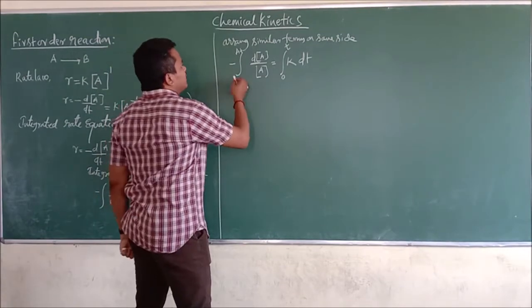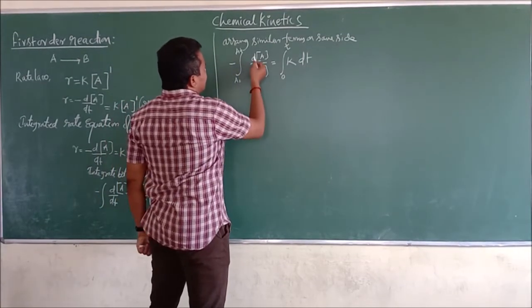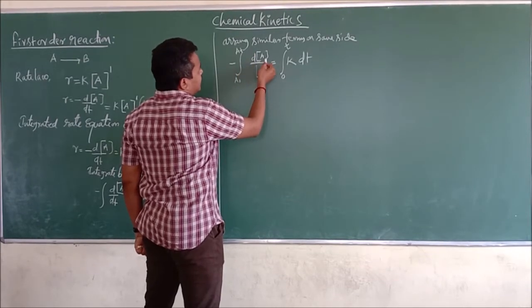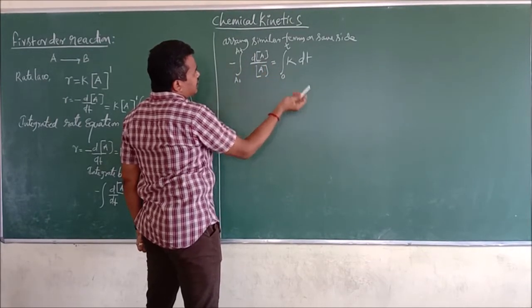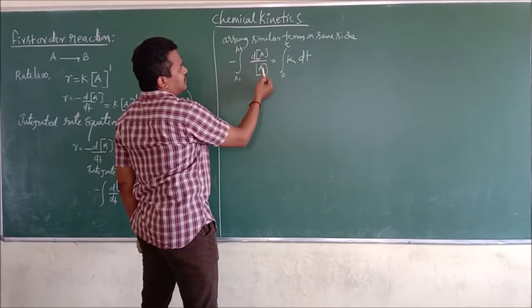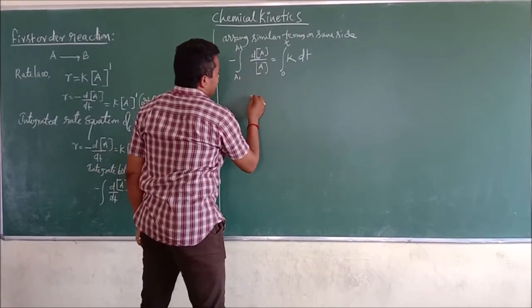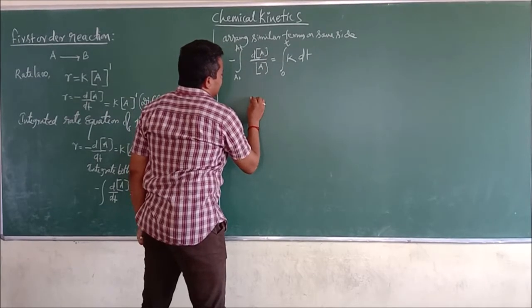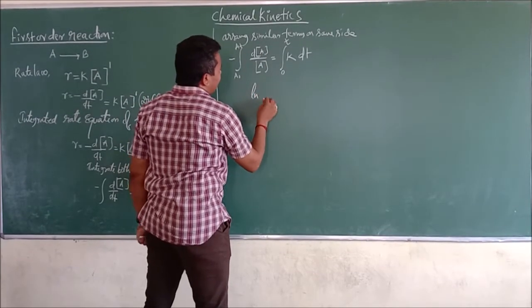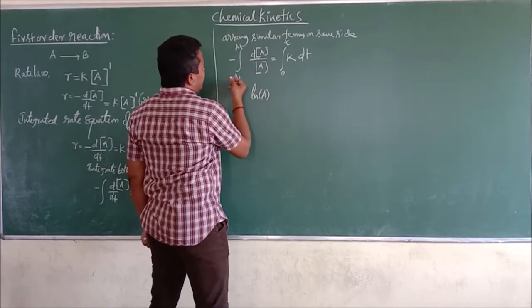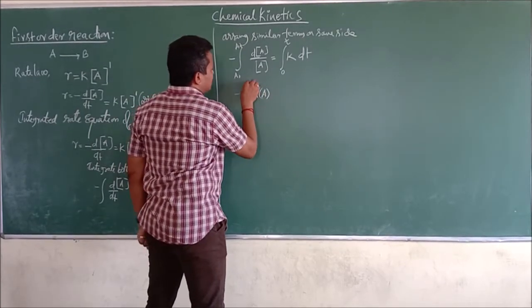Now, this minus I will send that side. According to integration formulas, the integration of dA by A is log of A. Minus you can keep this side, no problem.